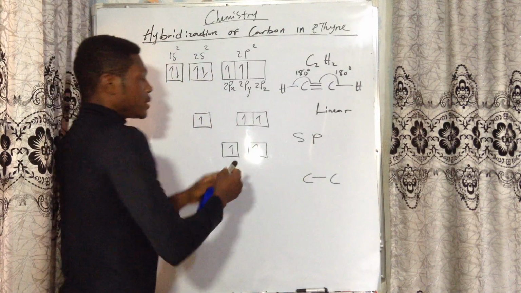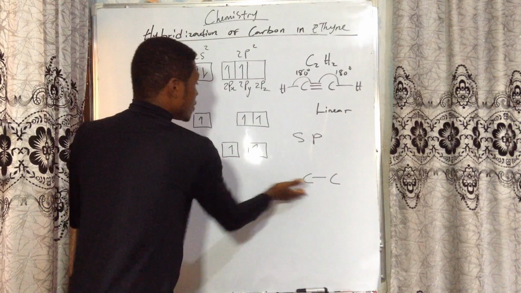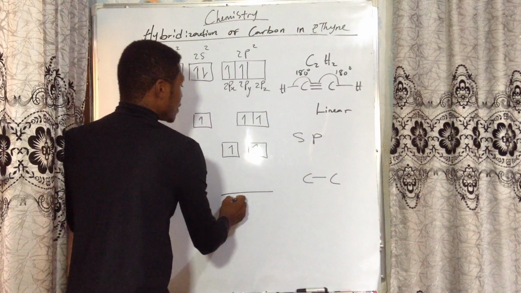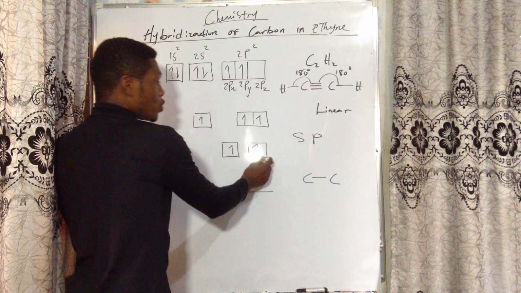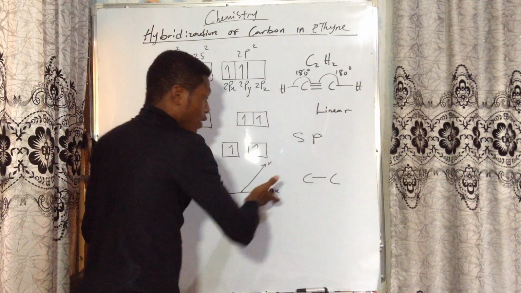If you are drawing the three-dimensional axes, x is here and y is at 90 degrees to x. Do you see why this bond is linear along the x-axis?